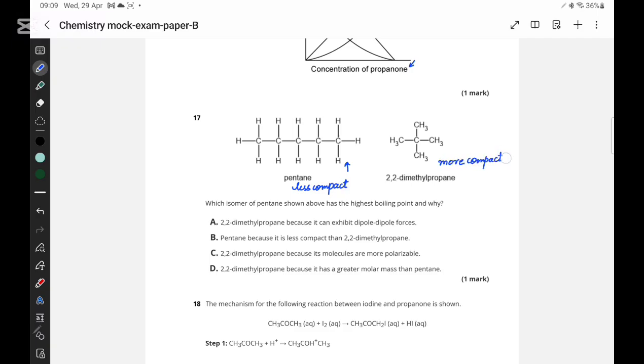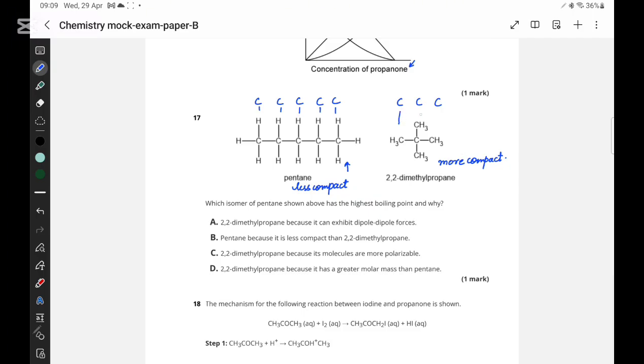Because of the less compact structure, pentane is going to have more contact points, and they are having fewer contact points when we have dimethyl propane.